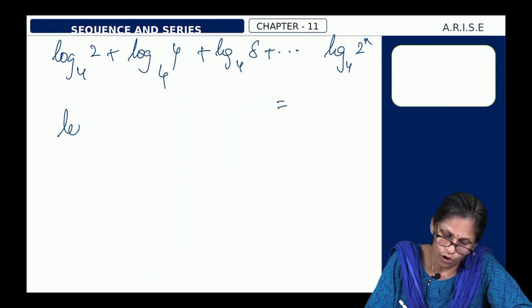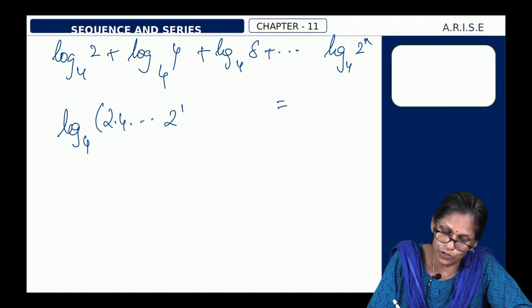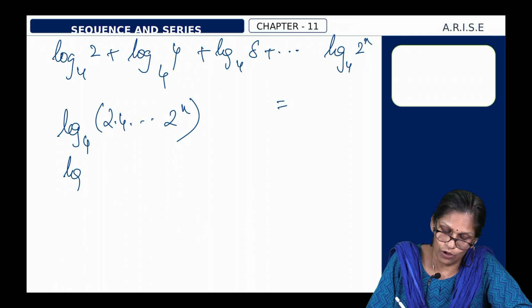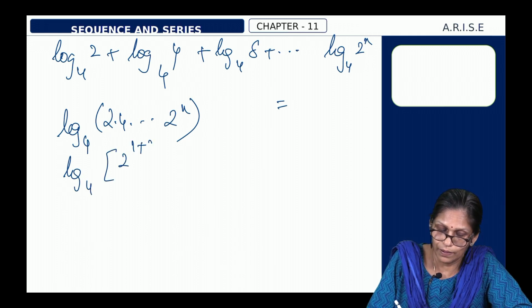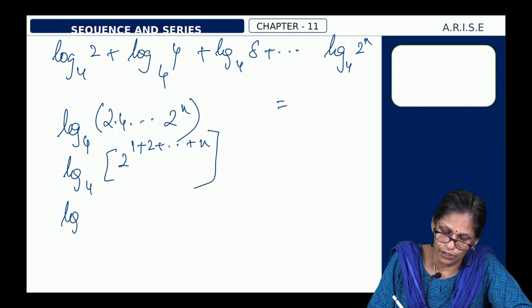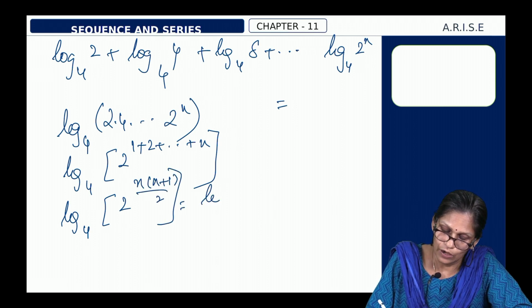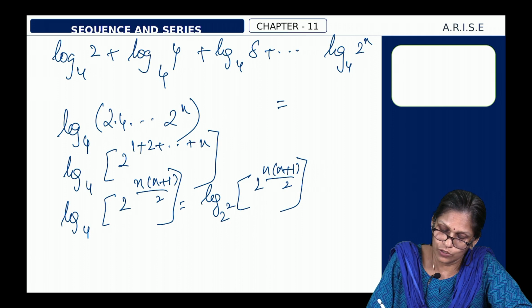So, this is log to the base 4 of 2 into 4 into etc. into 2 raised to n. So, this is log to the base 4 of 2 raised to 1 plus 2 plus etc. plus n. This is log to the base 4 of 2 raised to n into n plus 1 by 2. This is log of 2 raised to n into n plus 1 by 2, and 4 is 2 squared.